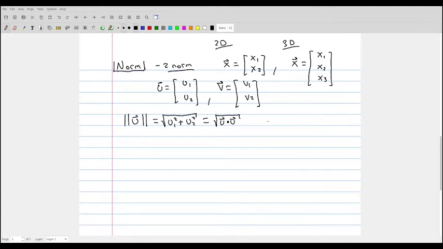Remember that the dot product between any 2 vectors is the sum of the components, each individual component multiplied together, and then added. These calculations are in 2D, but this formula and this idea generally applies to 3D as well.